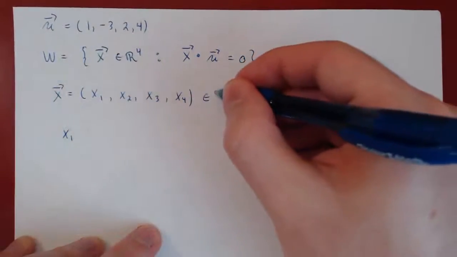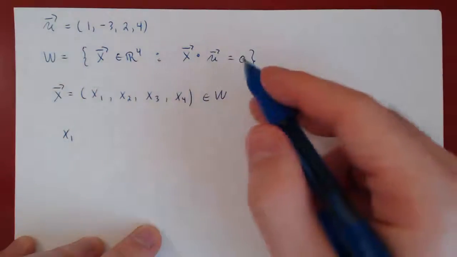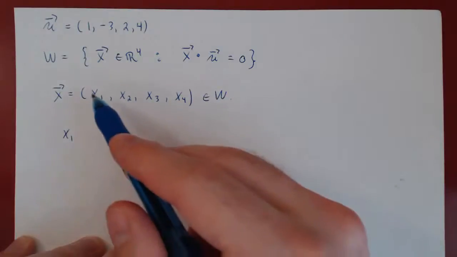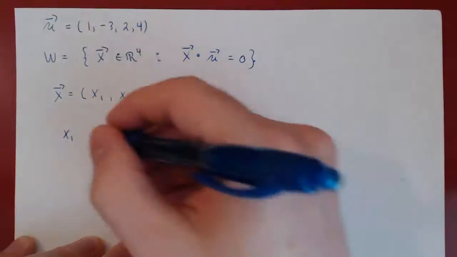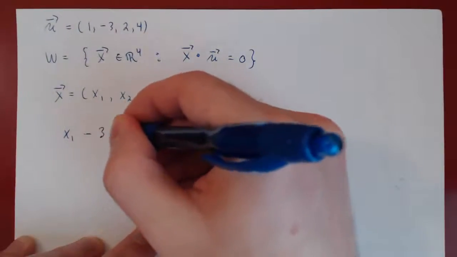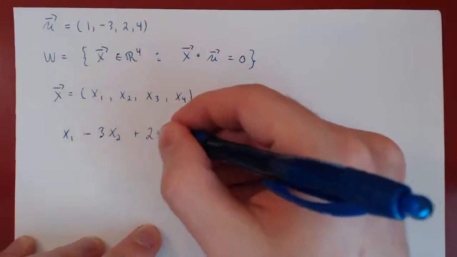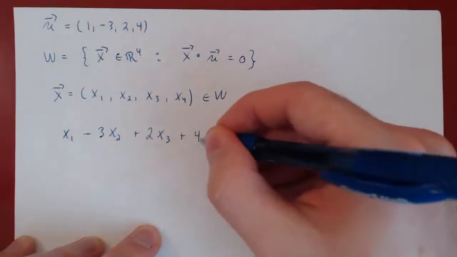So this is a vector, assuming that it is in W. So vector x dotted with u must be 0. So x1 times 1 plus x2 times negative 3, so negative 3x2, plus x3 times 2, so plus 2x3, plus x4 times 4, plus 4x4.